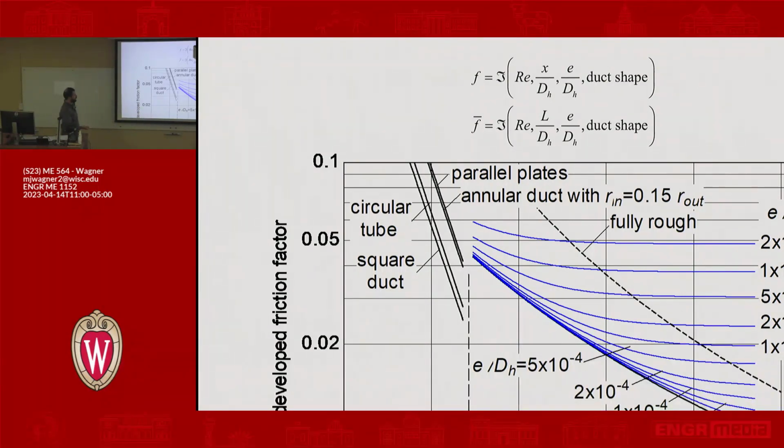It's going to take maybe surface roughness if it's turbulent, and duct shape if it's laminar. So those are the things that it could be a function of. If you go to f bar, then you no longer care about x, you just care about the total length. So there, everything's the same except for L over D_h as opposed to x over D_h. Again, these are minor details. As I'm talking about it, it seems obvious, but when you do it, just make sure you're careful with that.